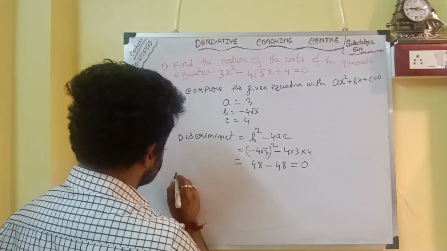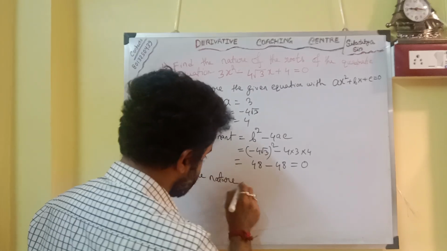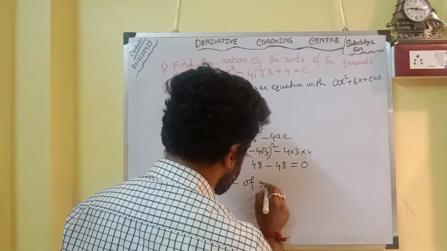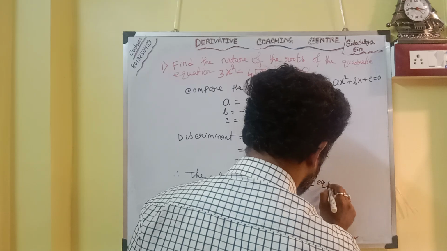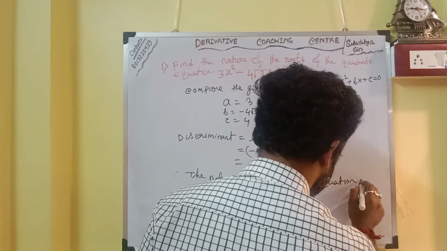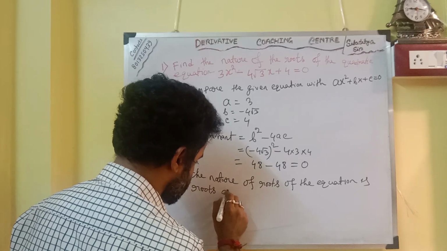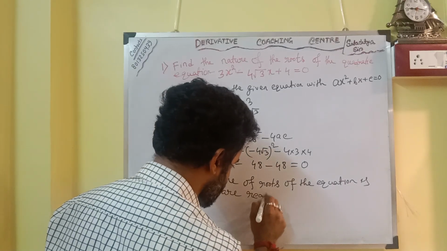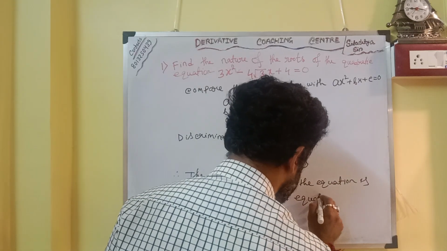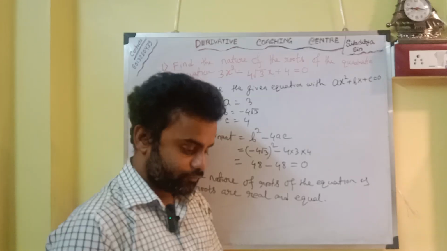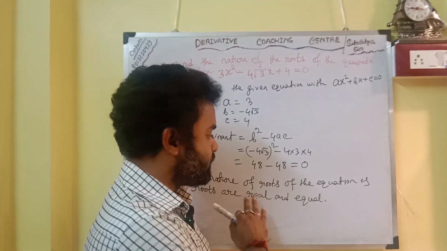So, the nature of the roots of the equation is: roots are real and equal. If you find the discriminant is 0, then the roots are always real and equal.